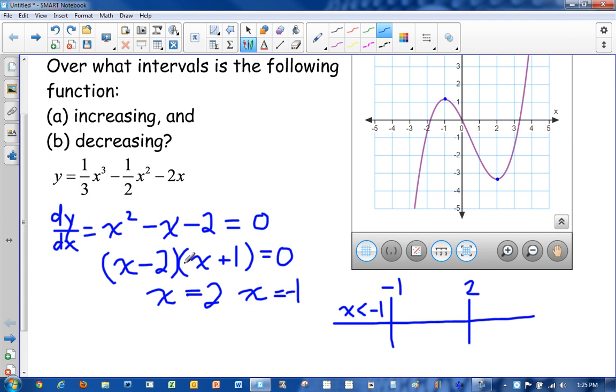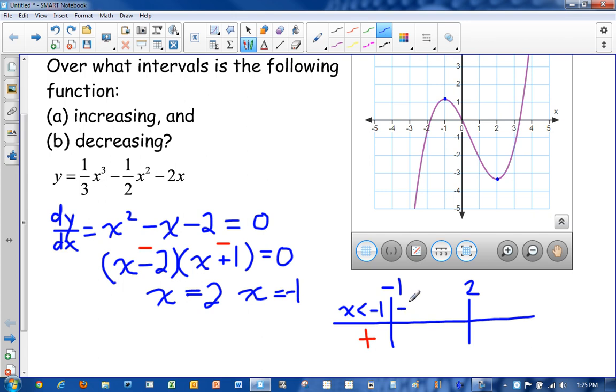I would actually plug it into the factored form of the derivative just to see whether each factor is positive or negative. So if I take, say, -5, -5 minus 2 is negative. -5 plus 1 is negative. So I've got a negative times a negative, which is positive. So the derivative is positive everywhere before -1, meaning that the function itself is increasing.